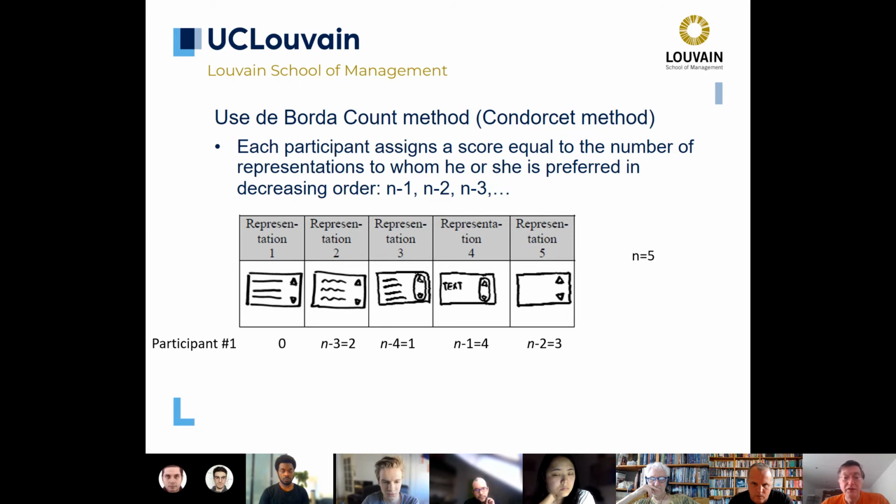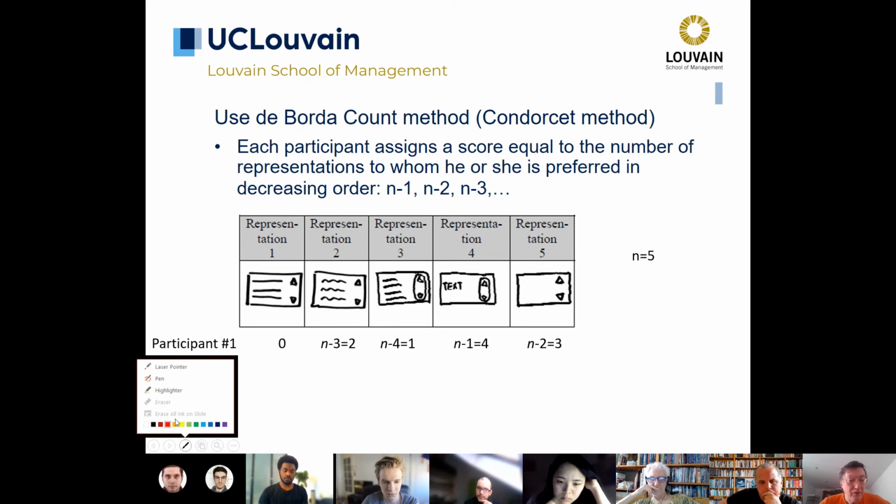So for each choice, a score is attached, which is called the Borda score. And since we have here 5 candidates, each participant should assign a score which is equal to the number of candidates, which is 5 here, minus the order. So for instance, here, I'm sorry, no, the first one is this one.